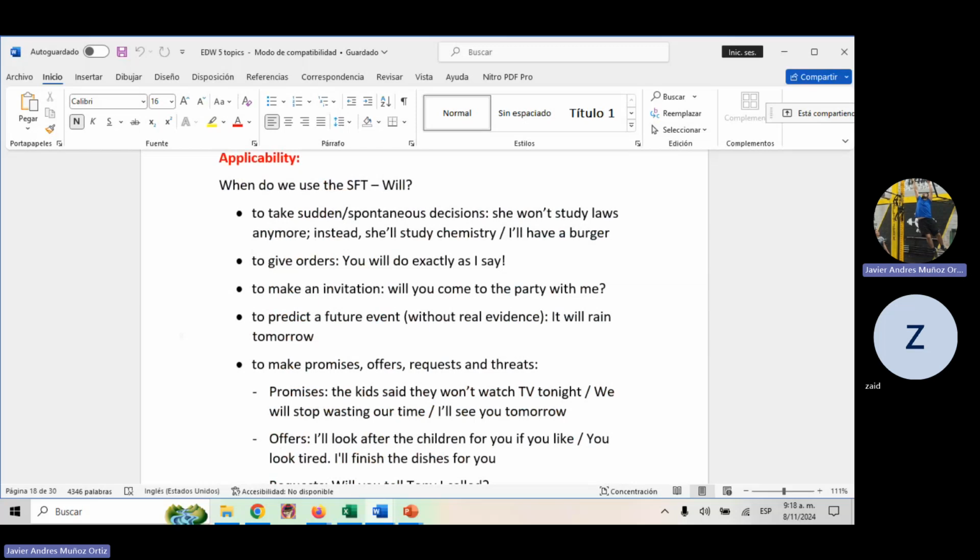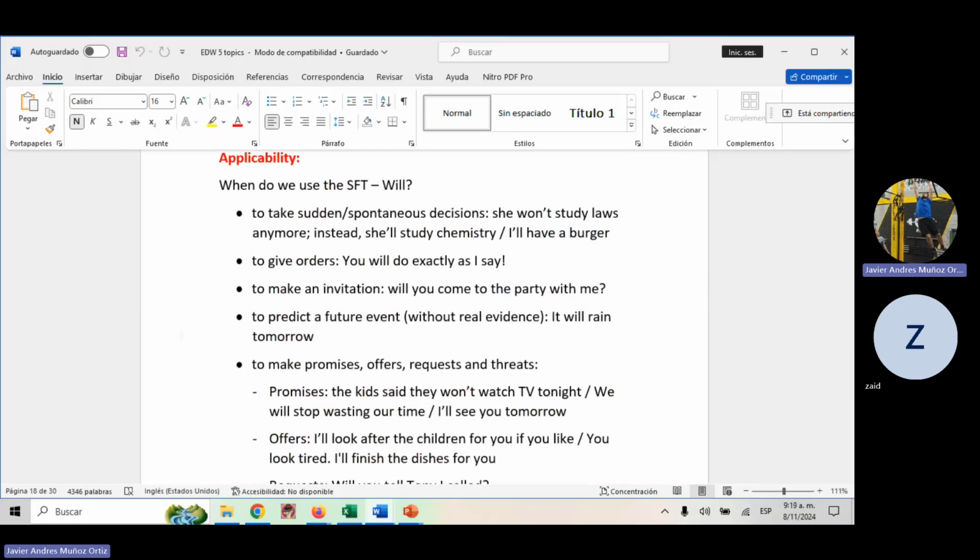We are predicting the future taking into account our opinions, reality, or experience. So I think, in my opinion, taking into account what I have lived, I think something will happen, right? And finally, we use future simple tense, I mean future will, to make promises, offers, requests, and threats.